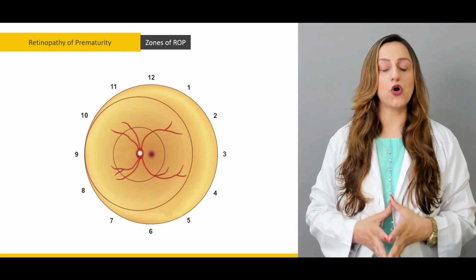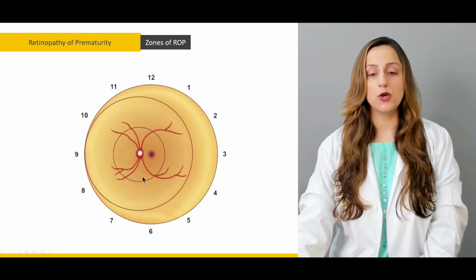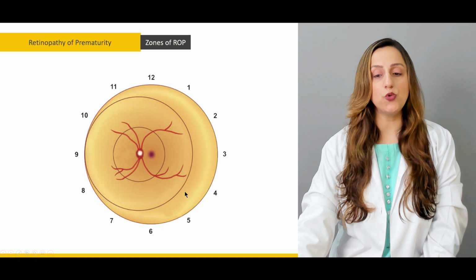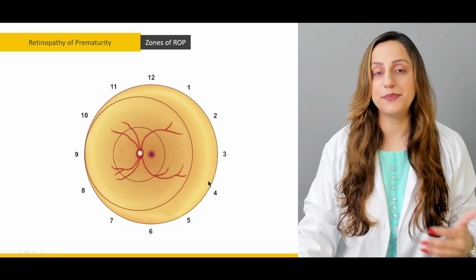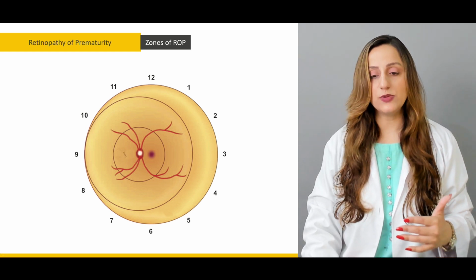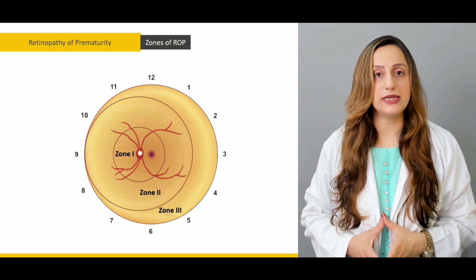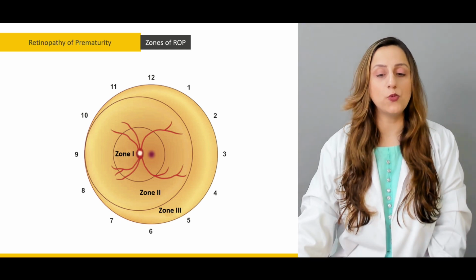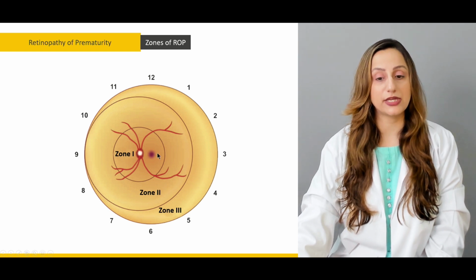Then finally, moving on to the zones of the retinopathy of prematurity. As you can see, we have zone 1 over here, zone 2 over here, and then finally zone 3 at the peripheries. Zone 1 ranges about 2 radii towards the macula.